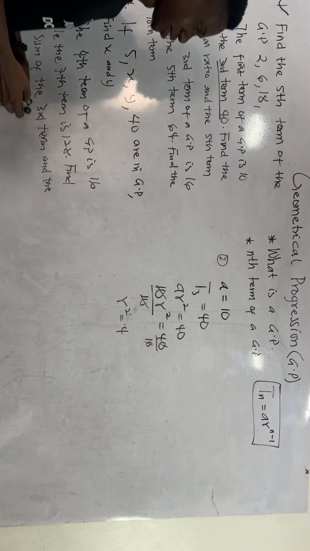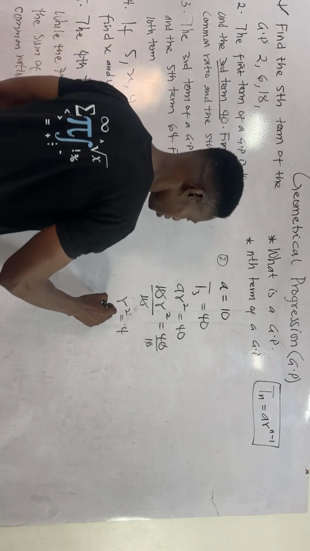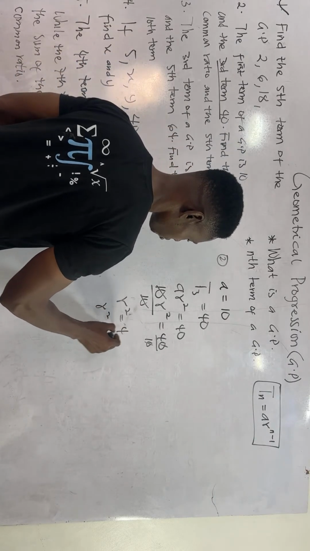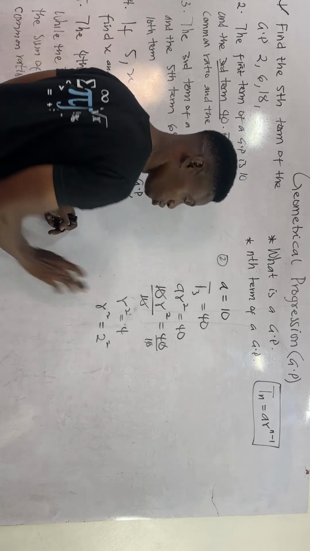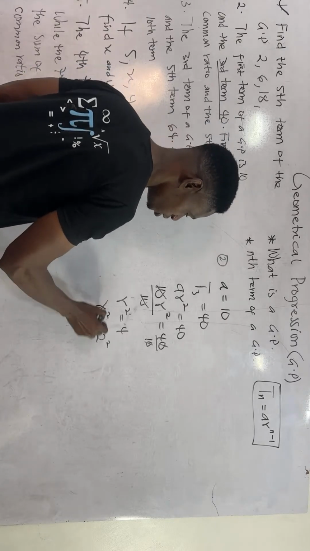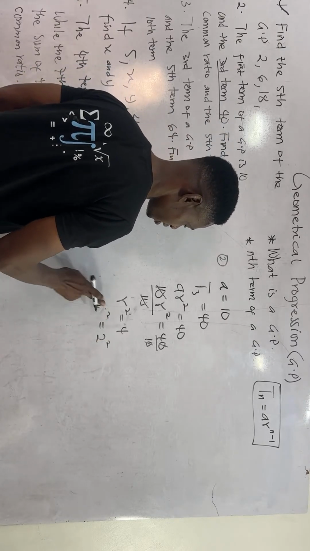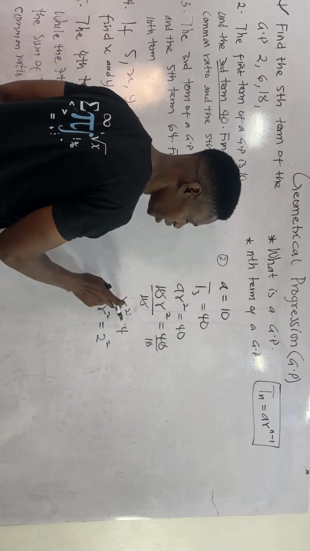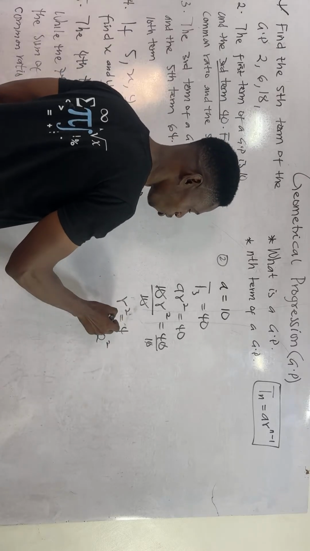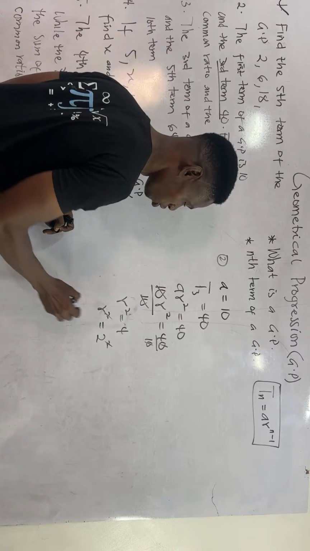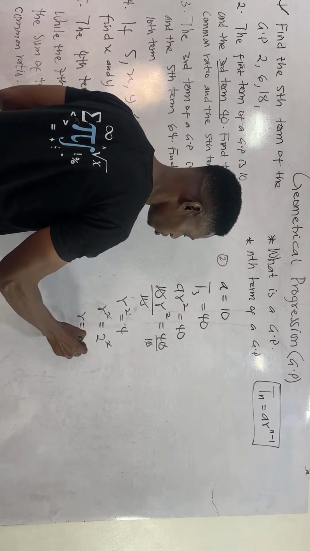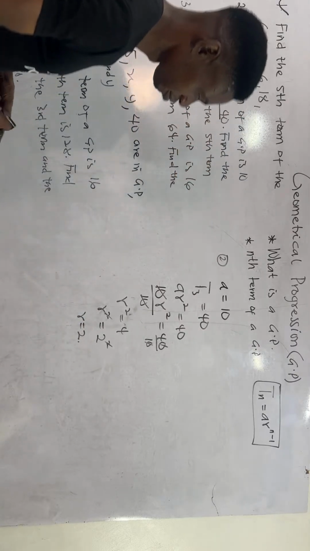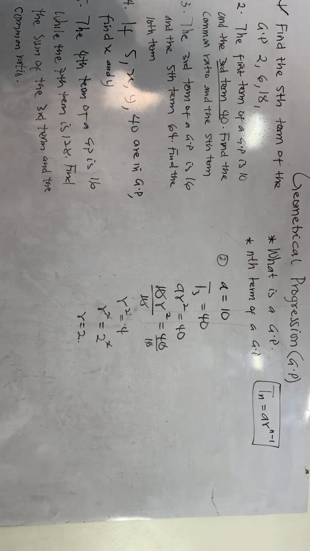Now, remember 4 is 2 squared, right? So R squared equals 2 squared. So we can equate the bases since the powers are equal and our R equals 2. So first step taken care of.